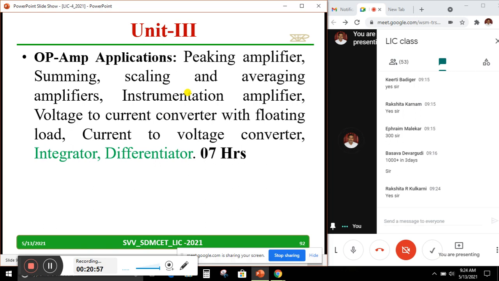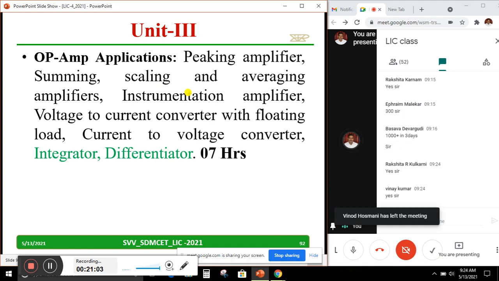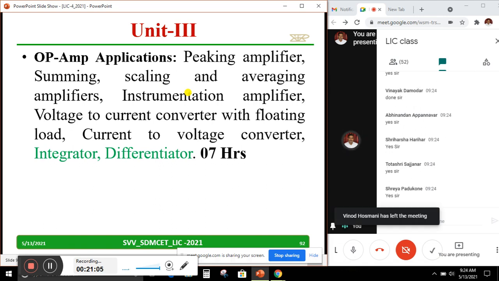Some students have told me they have completed it: Vinay Kumar, Totashri, Shreya. Thank you, all of you. Basava, Amog, Pavan, Shreya. Okay. So I hope most of you have done the experiment and most of you might have understood. And Manchunatha, Siddharth.